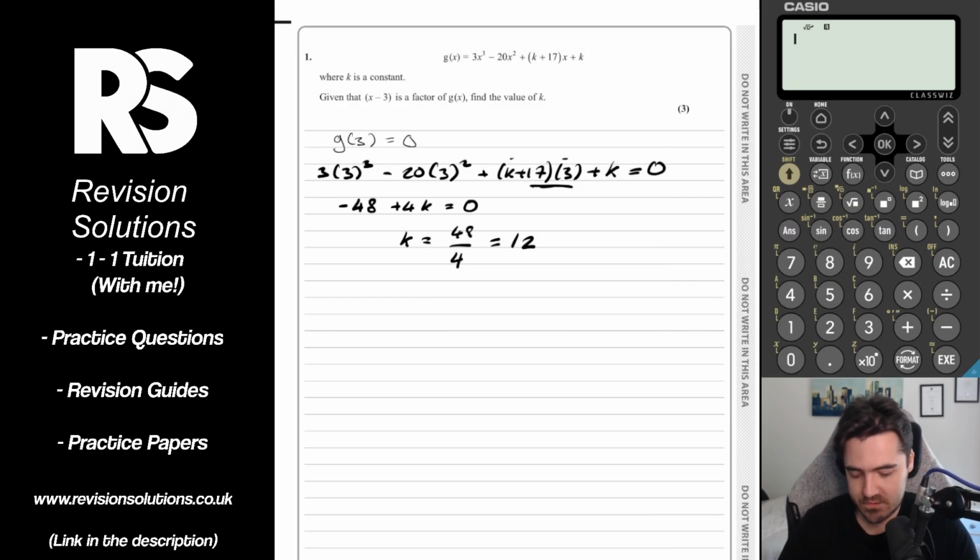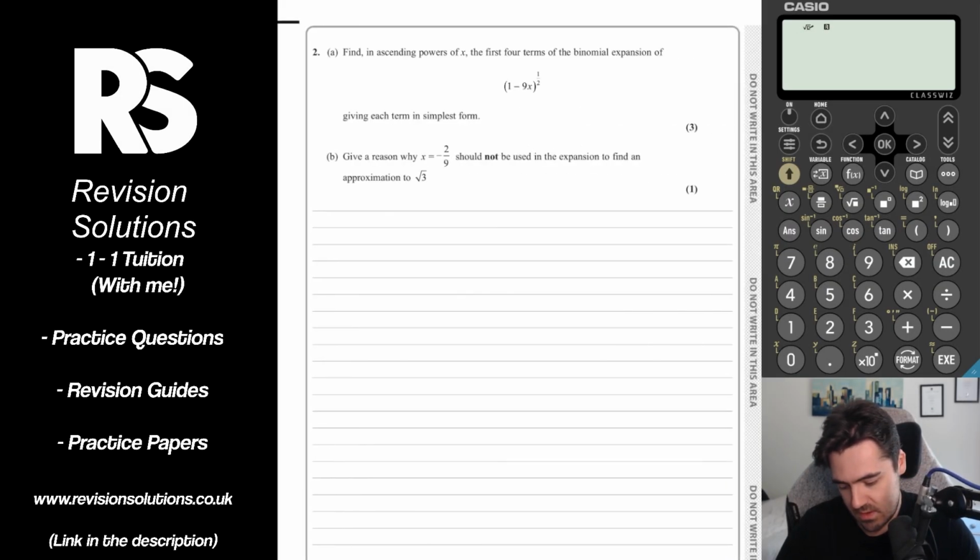Okay, so now moving on to question 2. It says, find, in ascending powers of x, the first 4 terms of the binomial expansion of 1 minus 9x to the half, giving each term in its simplest form. So first, let's just write out the formula for the first 4 terms. For 1 plus x to the n, that's the formula we need, as it's not an integer power for our expansion.